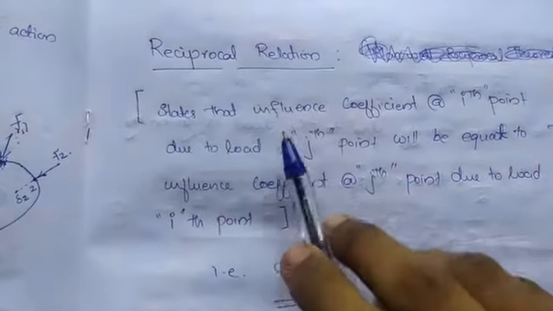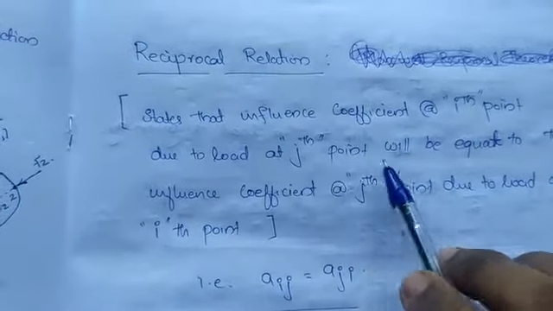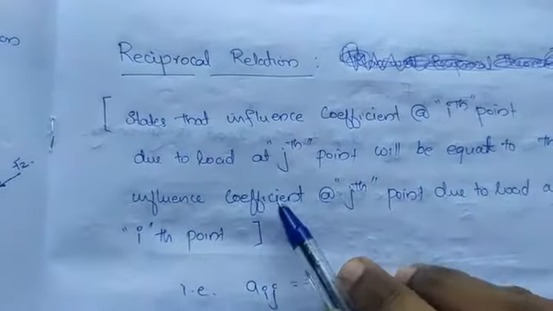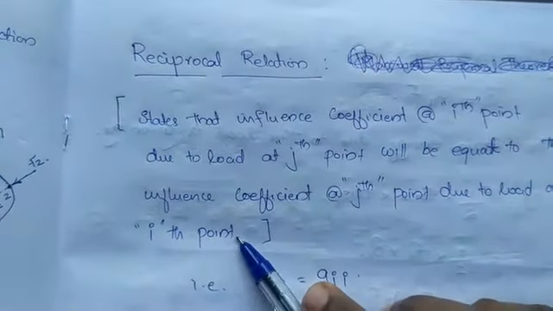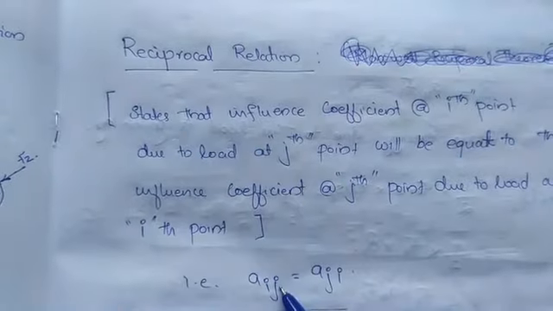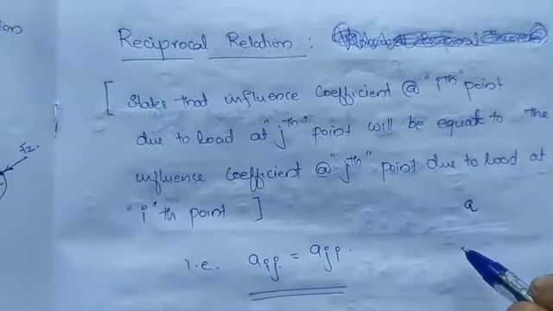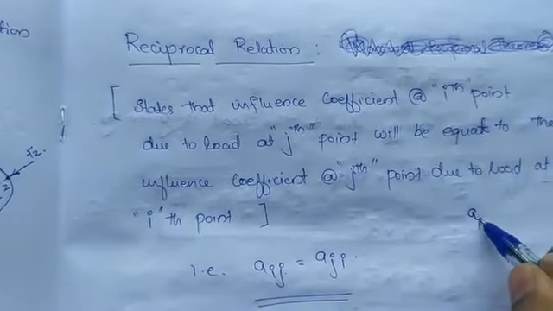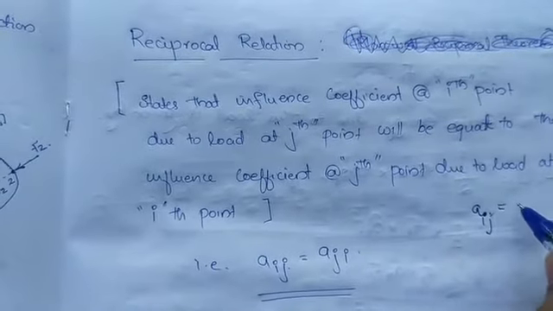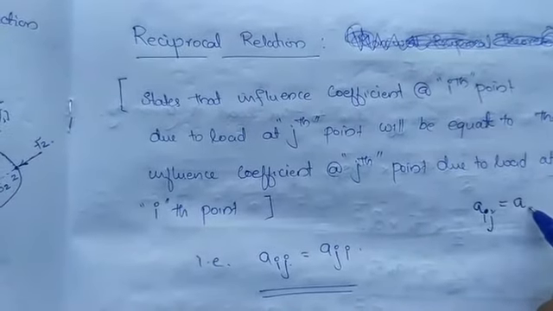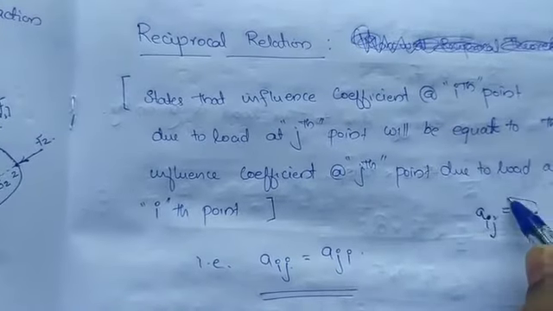It states that the influence coefficient at the ith point due to load at the jth point will be equal to the influence coefficient at the jth point due to load at the ith point. Once again I will tell this and write this equation. That means the influence coefficient A at the ith point due to load at the jth point will be equal to the influence coefficient A at the jth point due to load at the ith point.